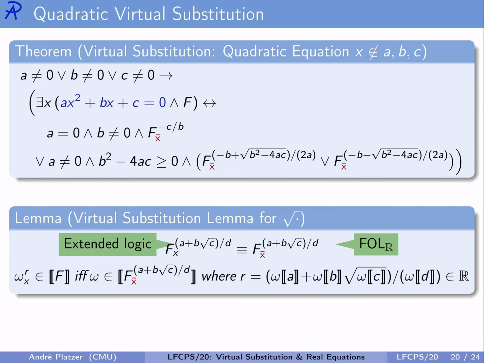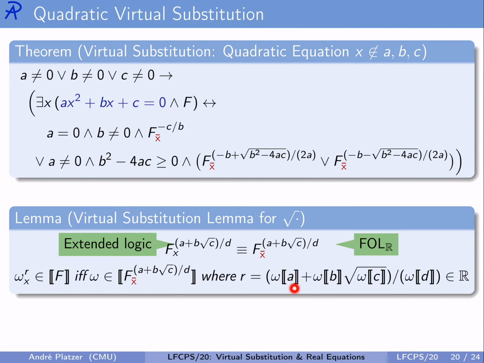More formally, that says that the left-hand side formula f is true in a state omega where the value of the variable x is chosen to be a real number r, if and only if, in this state, the formula on this side is true, the virtually substituted one, where the value r, which is a real number that we're plugging in, is precisely the real number we would have gotten had we computed the value of the square root expression that we're plugging in.